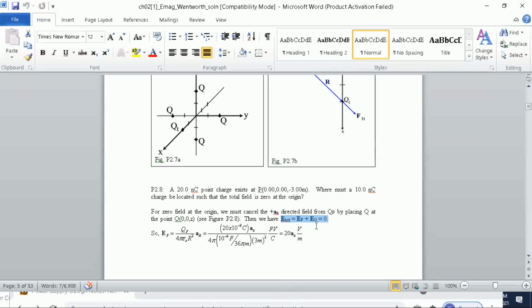Now you want to find EQ. So you calculate your EP, which is QP over 4 pi epsilon naught R squared AR, which gives you this.